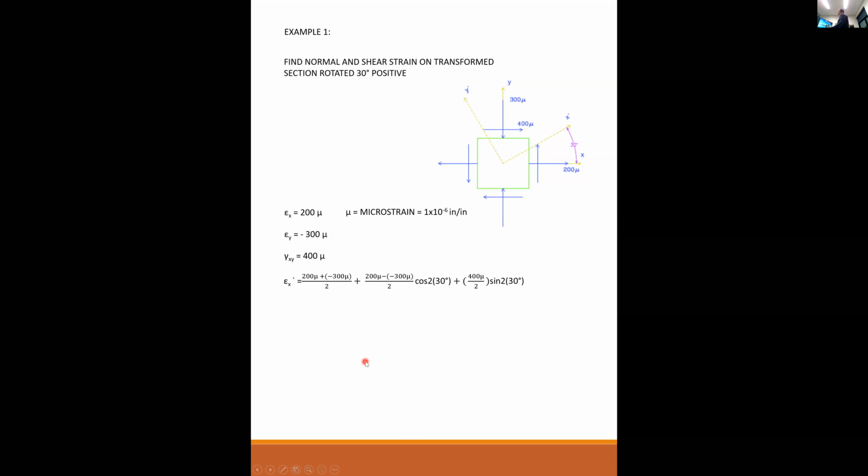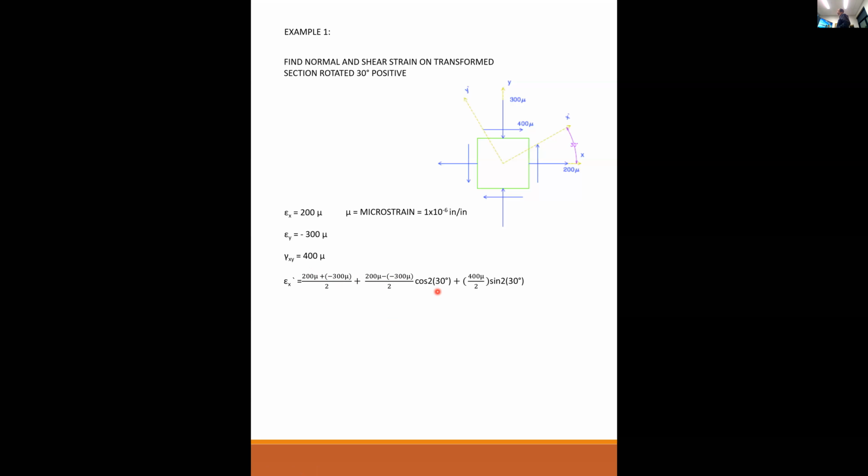Given these values, we can just plug and chug into our equation for epsilon x prime. Again, I prefer to write out the equation as it was presented and put parentheses around a negative strain, so that you have 200 minus minus 300, and it helps to keep all your signs straight.